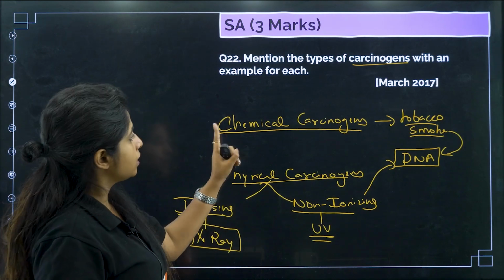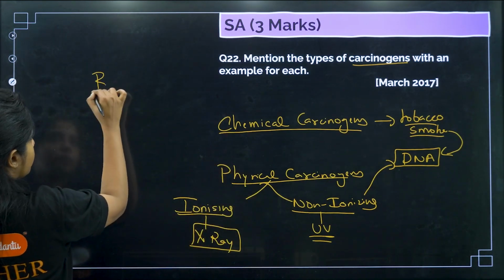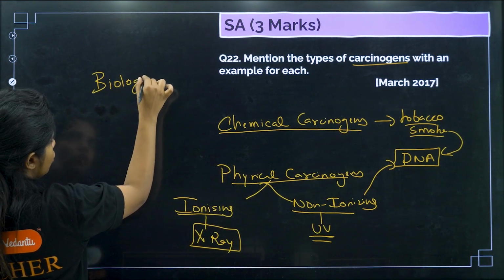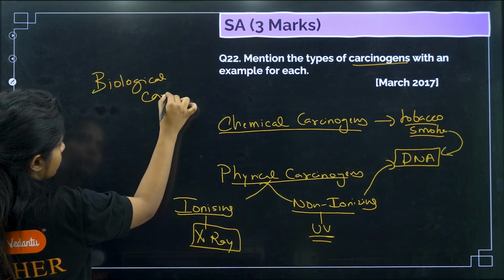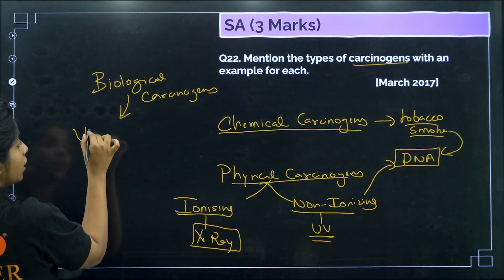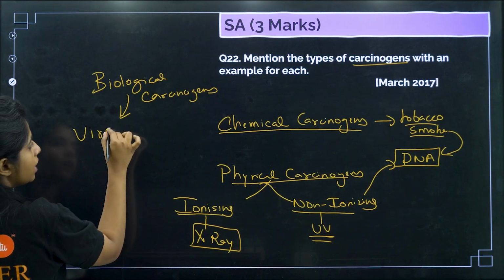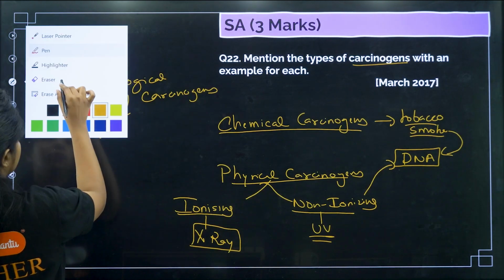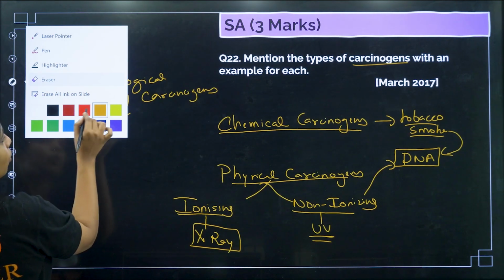Then after chemical and physical comes biological carcinogens. In biological carcinogens, again you have 2 types. One is viral oncogenes.